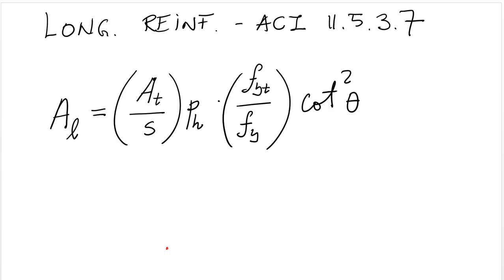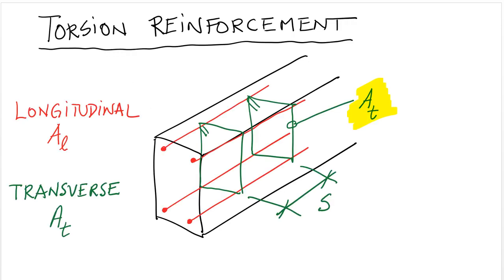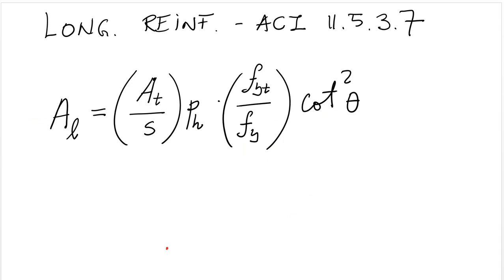Now, ACI also states that along with transverse reinforcement, you need to provide longitudinal reinforcement. As I'm showing here in red, longitudinal reinforcement to also intercept the cracks that will form in torsion.